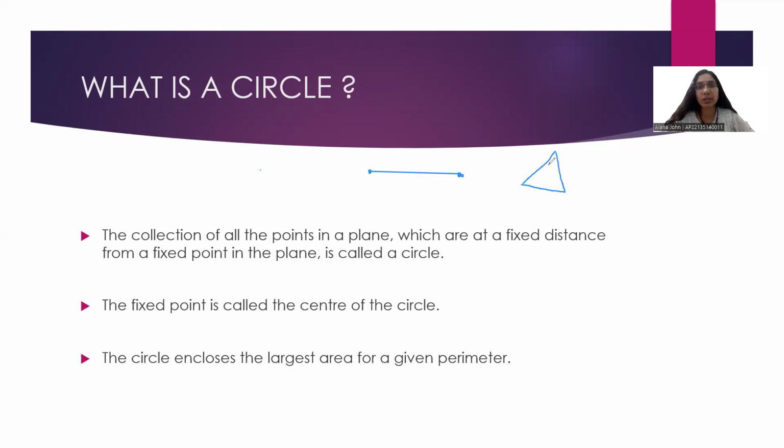So a triangle is also a collection of points because each line segment is a collection of points. Similarly, a rectangle is also made of line segments. All polygons are made up of line segments. Similarly, if you take a square, pentagon, hexagon, octagon, all these are collections of points because each line segment is a collection of points. So all polygons are collections of points.